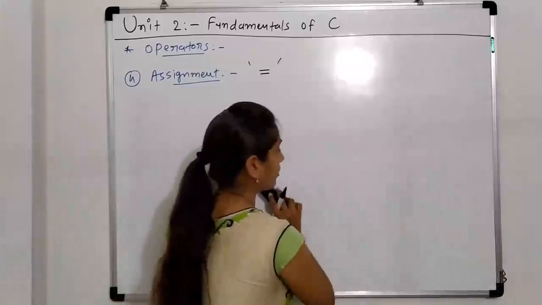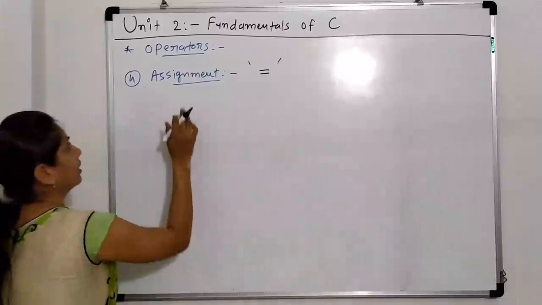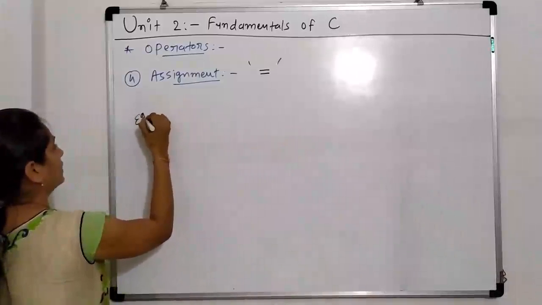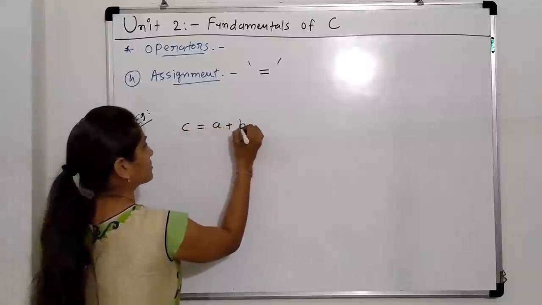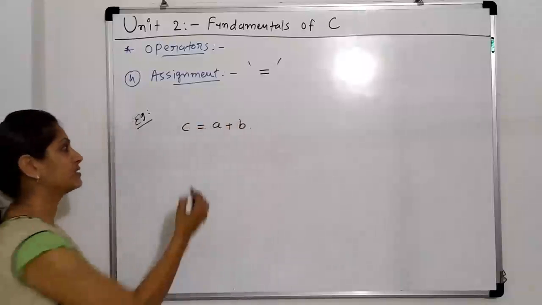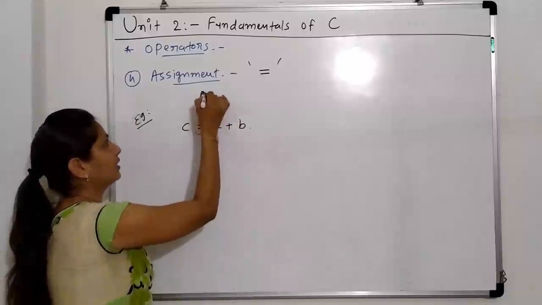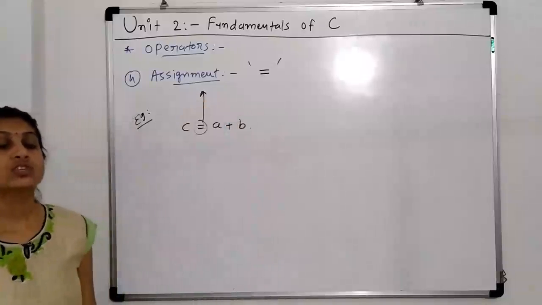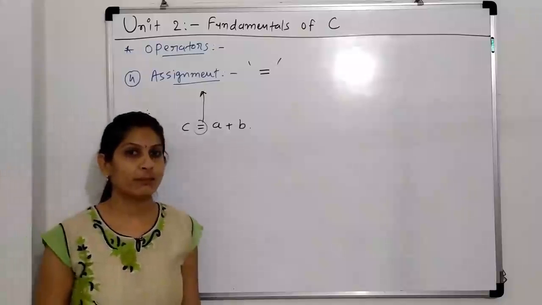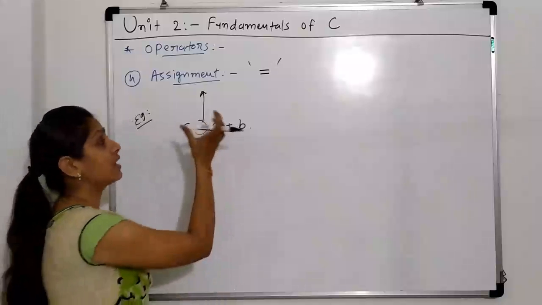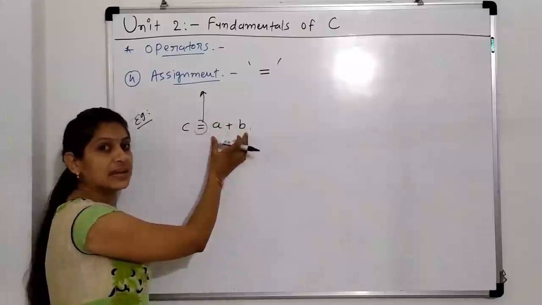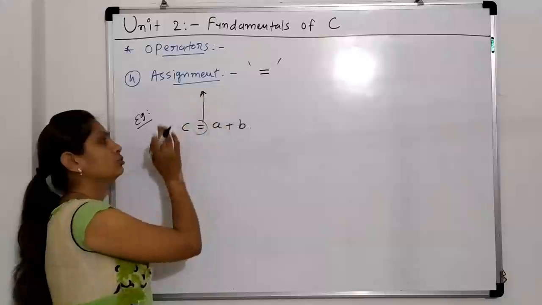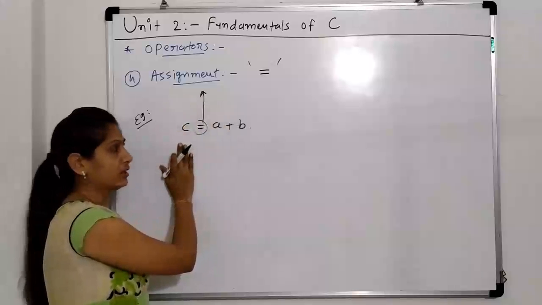Now how is the assignment operator executed? For example, suppose I am writing C equals A plus B, then this equal to is nothing but the assignment operator. So the meaning of the assignment operator is it assigns the calculation part, that is the right hand side value, to the left hand side variable.